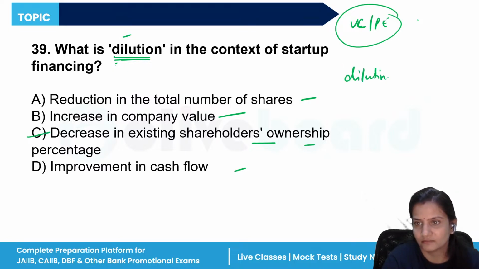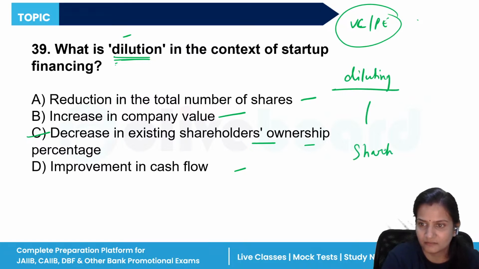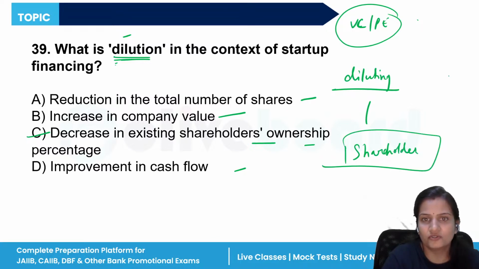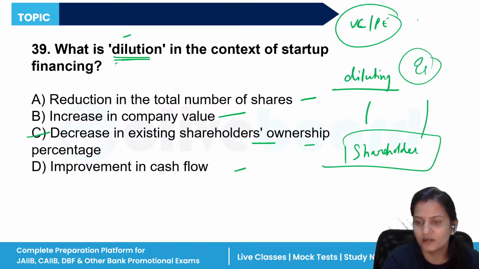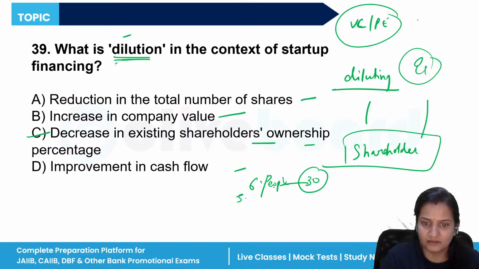Diluting means some of my shares have been given to you. I am a shareholder of a company, and a new shareholder joins the company and becomes an equity shareholder. Then the 30% that was distributed among six people, with each person given 5%, will now be distributed among seven people.